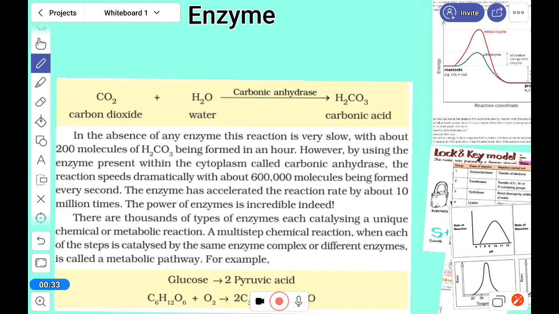Take an example here, one chemical reaction: carbon dioxide and water forming carbonic acid. This reaction can happen without an enzyme, and also using the carbonic anhydrase enzyme.